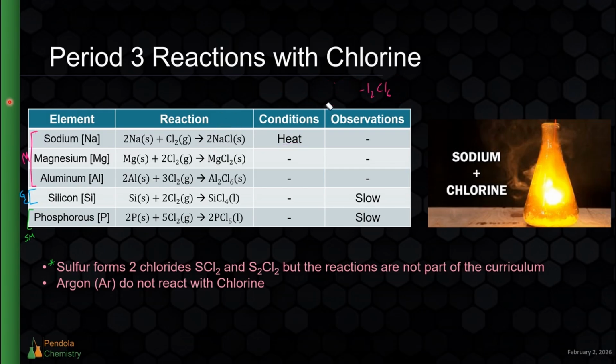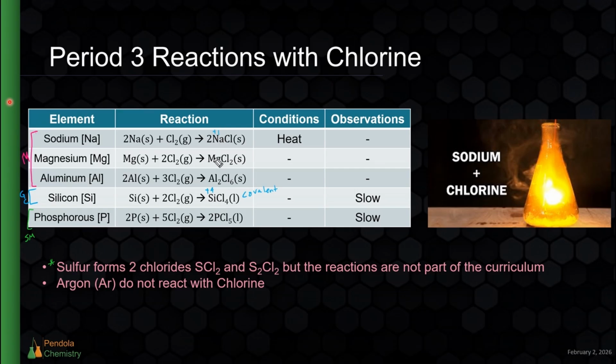silicon. So looking at silicon, the giant covalent element here, silicon reacts with chlorine to form a covalent compound. The covalent compound that silicon forms with chlorine is silicon tetrachloride, SiCl4, where silicon has a +4 oxidation number. And you should be able to see a trend there.